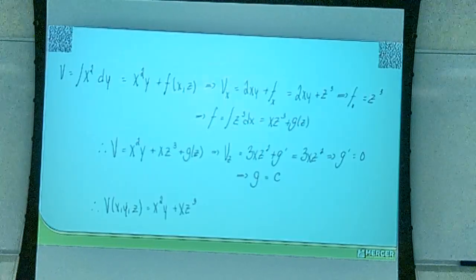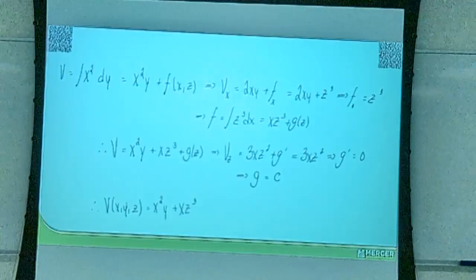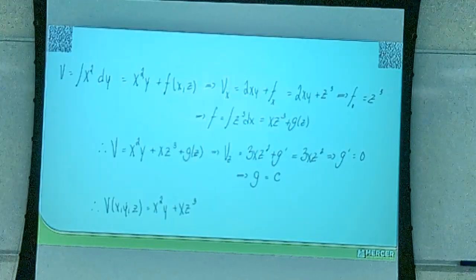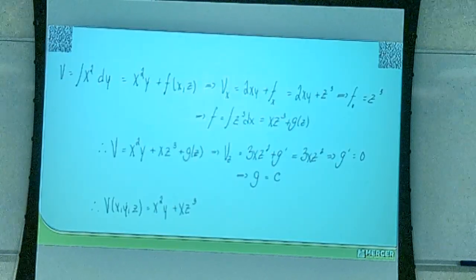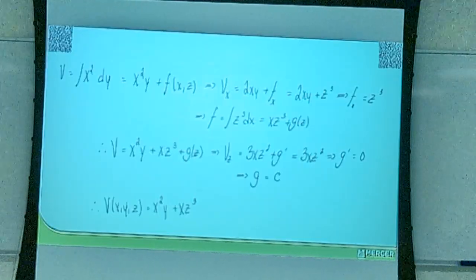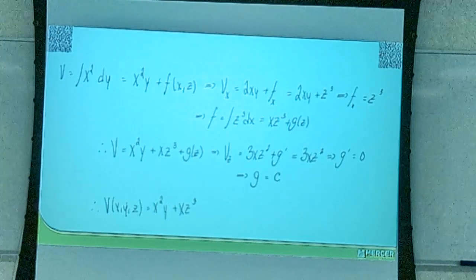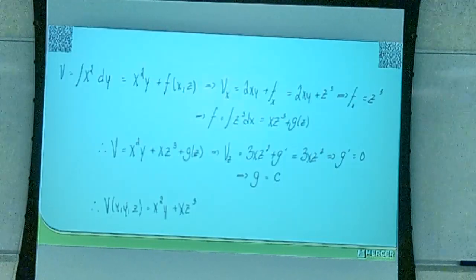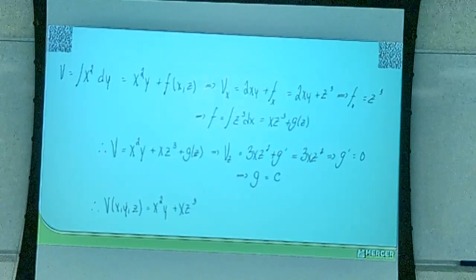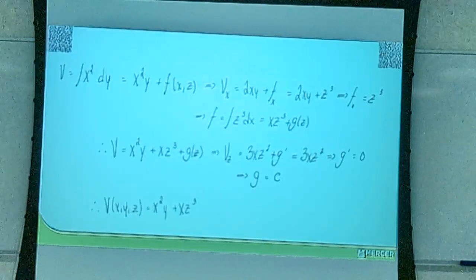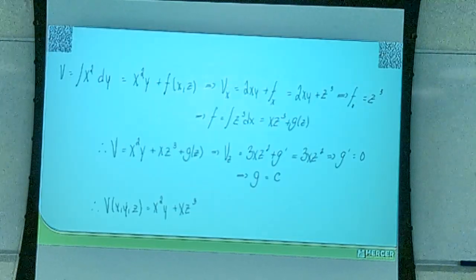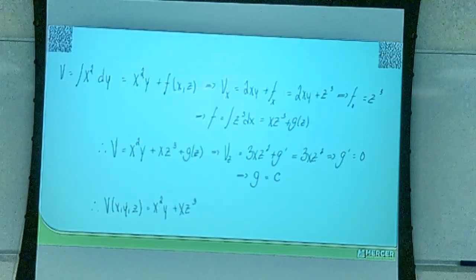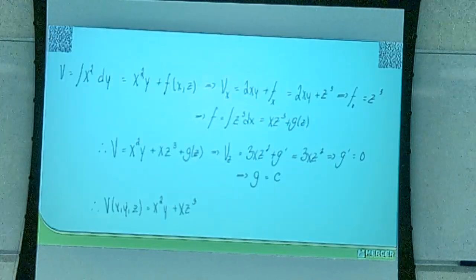What's 4 cubed? Times 3. 192. 3 squared times 1 is 9. Add up: 192 plus 9. It's 201.